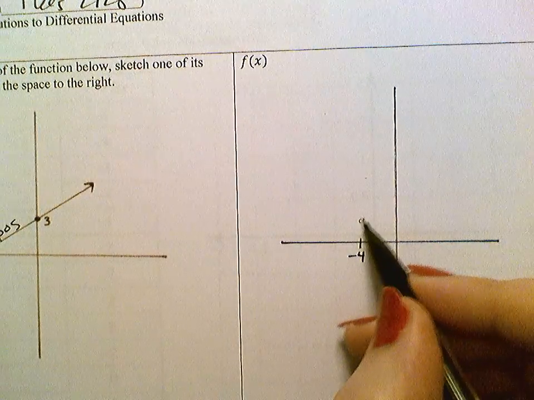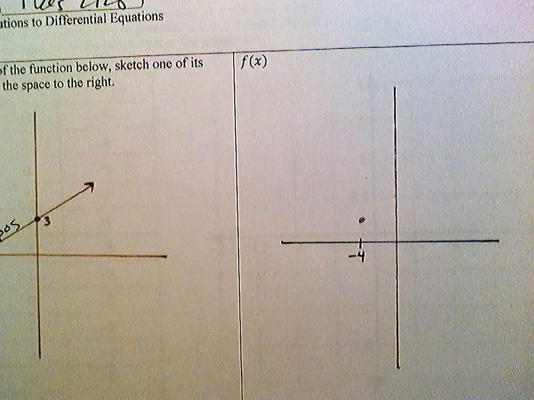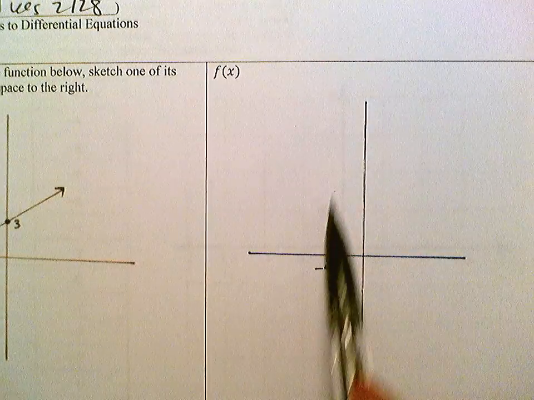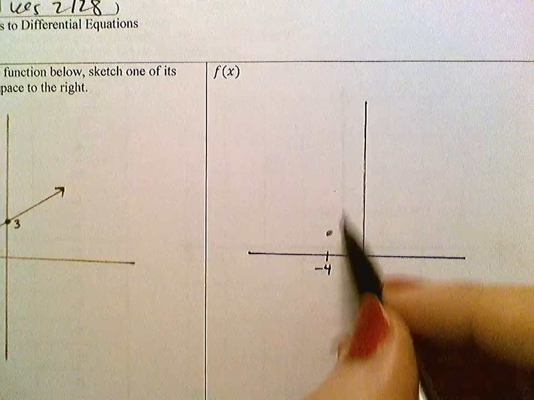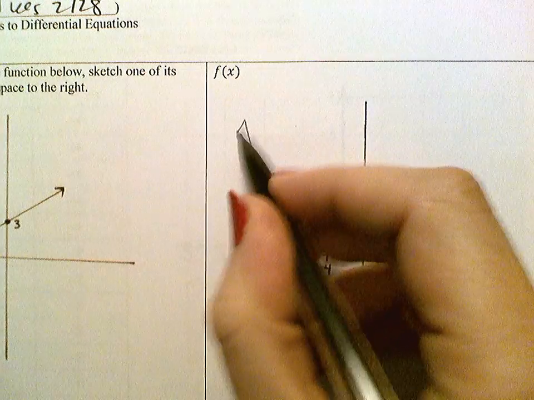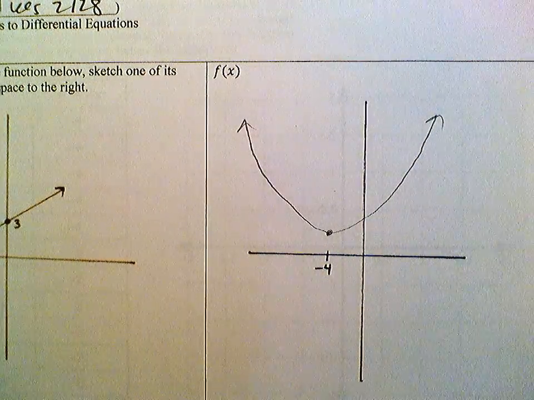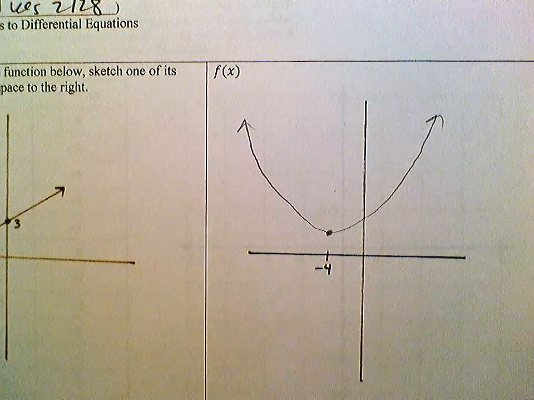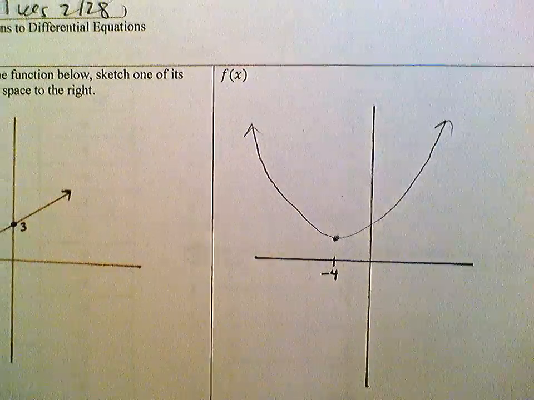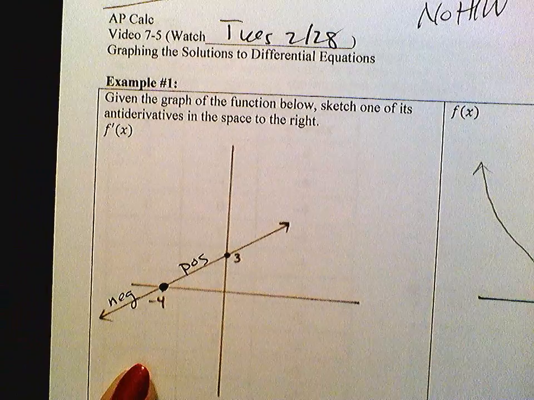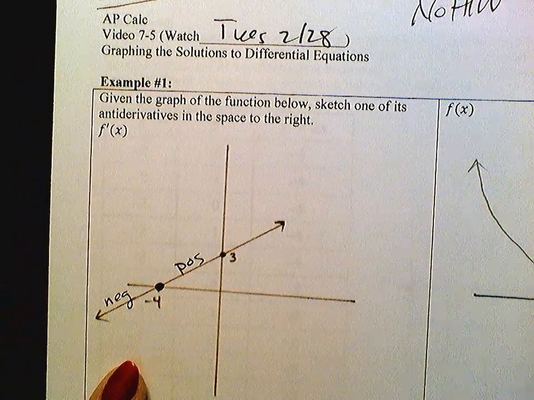So I can have a relative min somewhere above or below -4. And the graph would look like this. Okay, so I drew that in pencil. All right, so that's a graph of one of the antiderivatives of this right here, f prime.